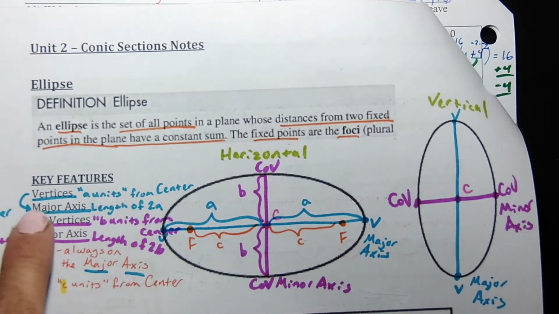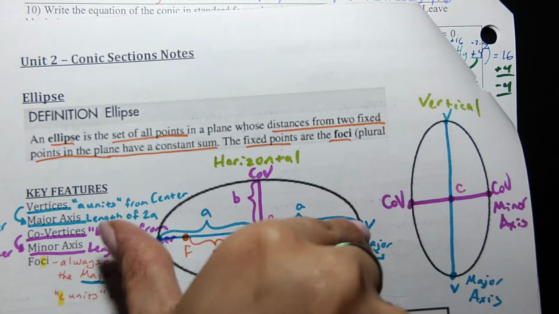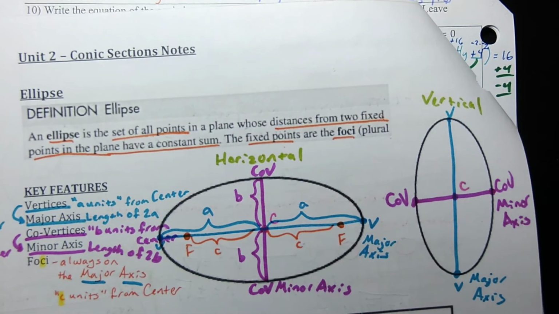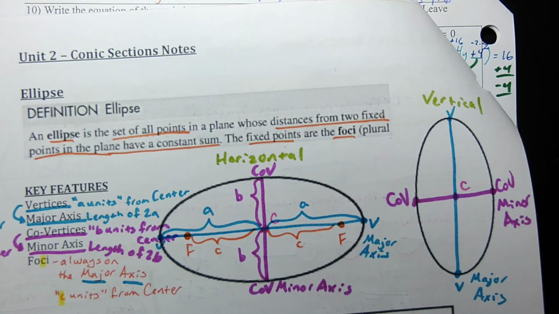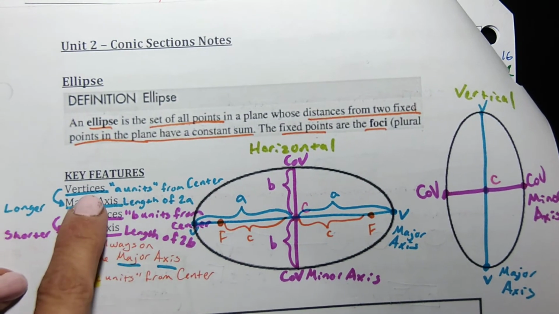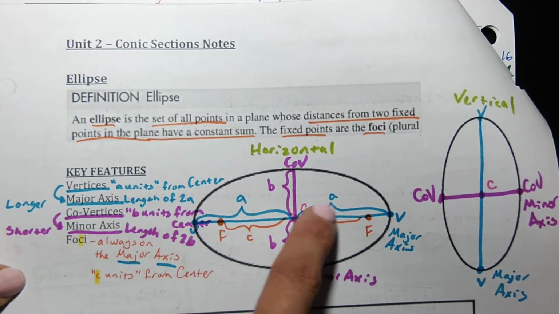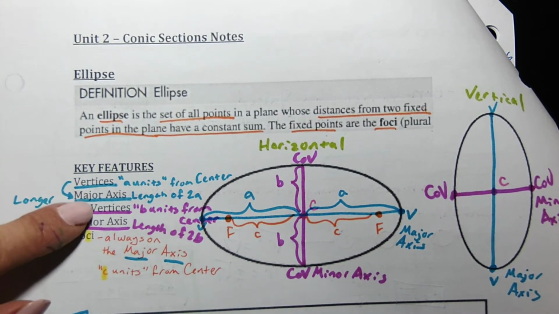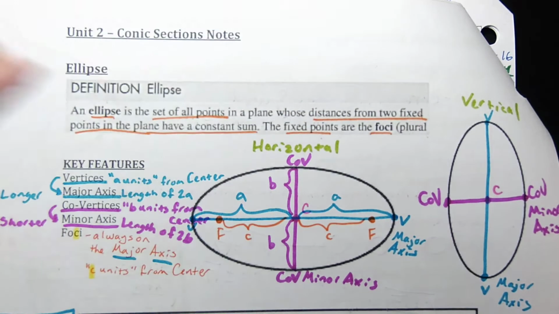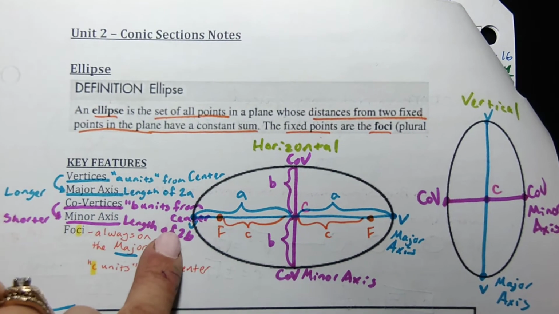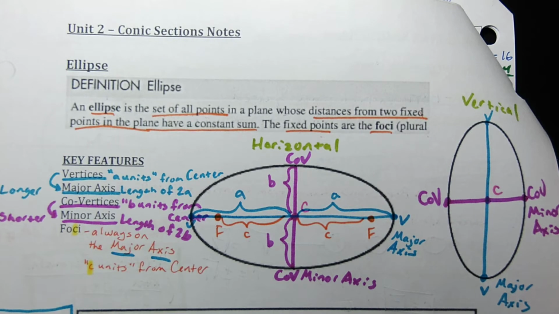The vertices are always the endpoints of your major axis, which is the longer axis, which indicates the direction. Your a values tell you how far the vertices are. The major axis has a length of 2a. The co-vertices are b units from the center, and the minor axis has a length of 2b. Your foci are c values away from the center, and they are always on the major axis.